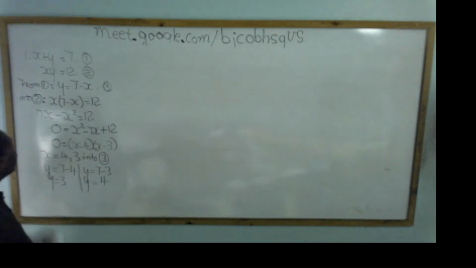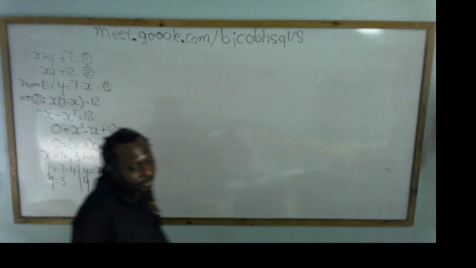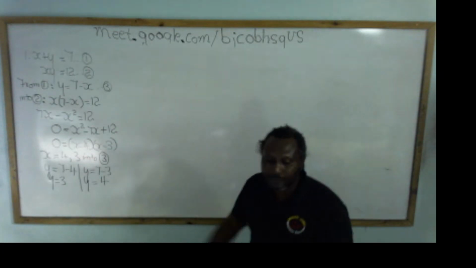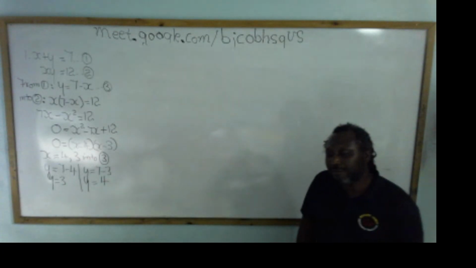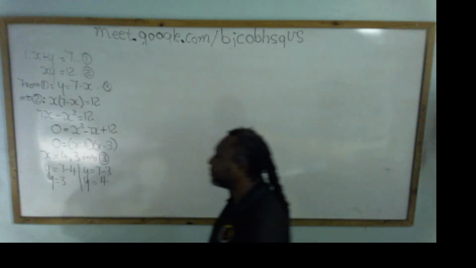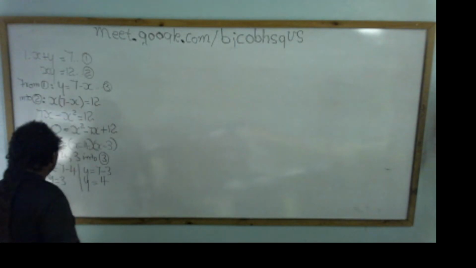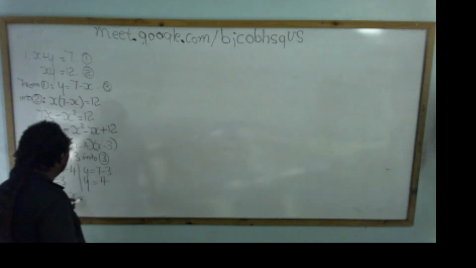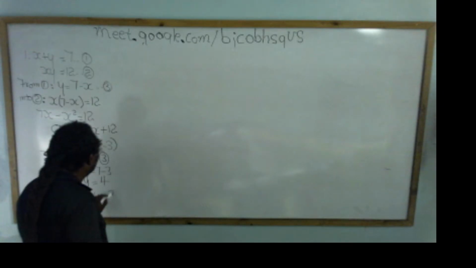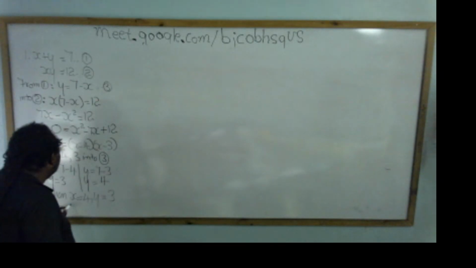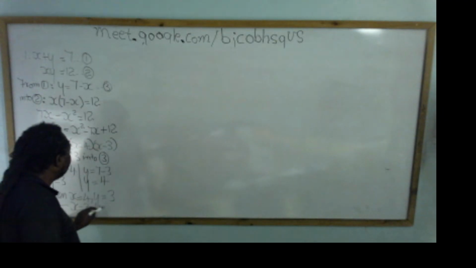Remember that we have two values of x because of the quadratic equation, and two corresponding values of y. So when x is equal to 4, y is equal to 3, and when x is equal to 3, y is equal to 4.